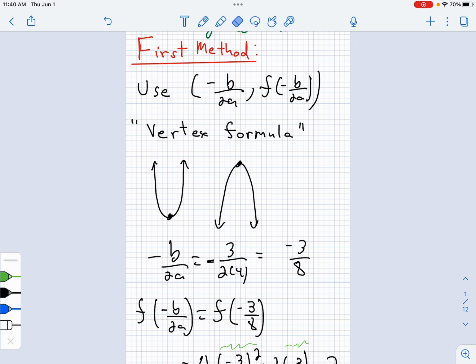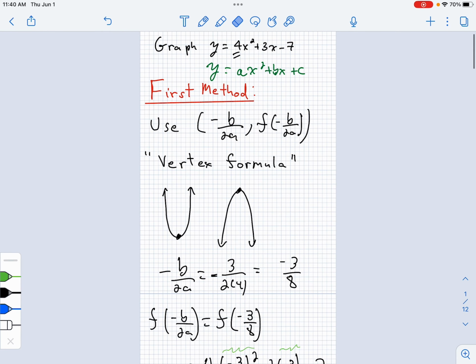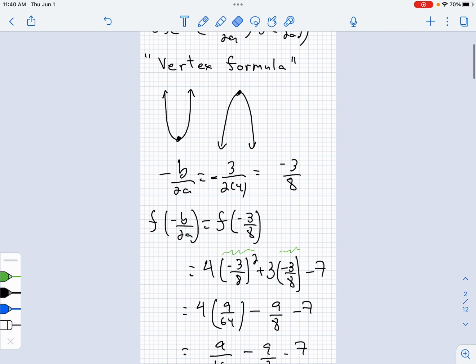So you're going to take b, which is, in this case, 3, because that's the number in front of the x, over 2 times 4, that's the a, the number in front of x squared, and you get 3 over 8, and then the negative just tags along, so you get minus 3/8. All right, so that's the x coordinate of the vertex.